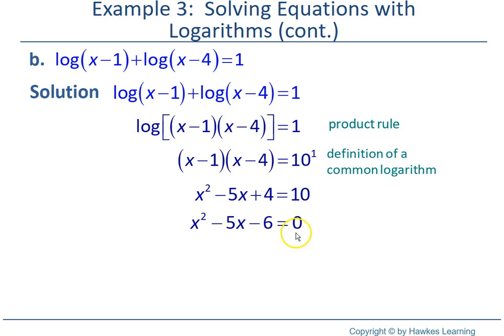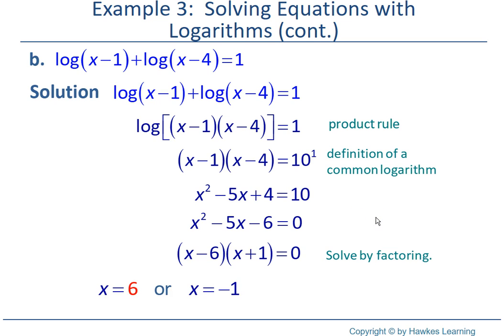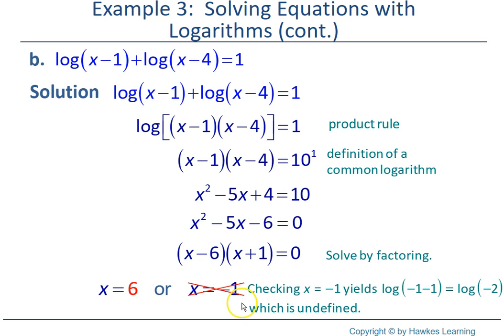When they multiply out, you get what we had. They're going to factor it. They get a 6 or a -1. Now, by putting the -1 in the original equation, you see that would be a log of a -2, which we said was undefined. Okay.